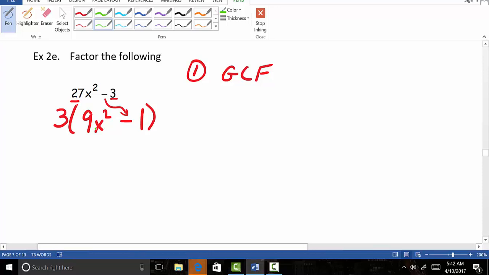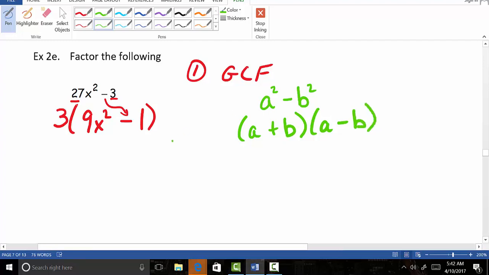The difference of two perfect squares looks like a squared minus b squared, where the first term is a perfect square and the second term is a perfect square. And how that breaks down, according to our definition, is a plus b times a minus b.